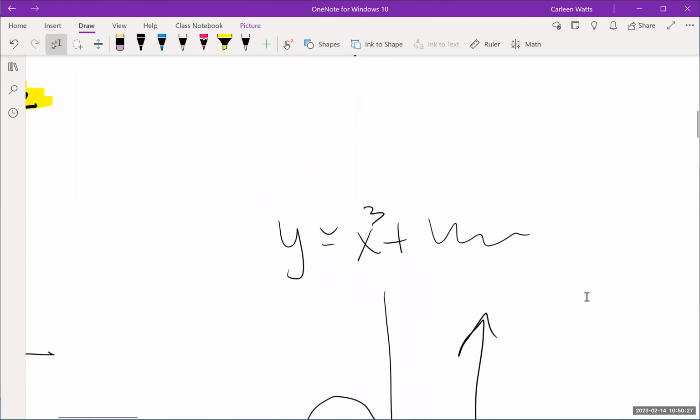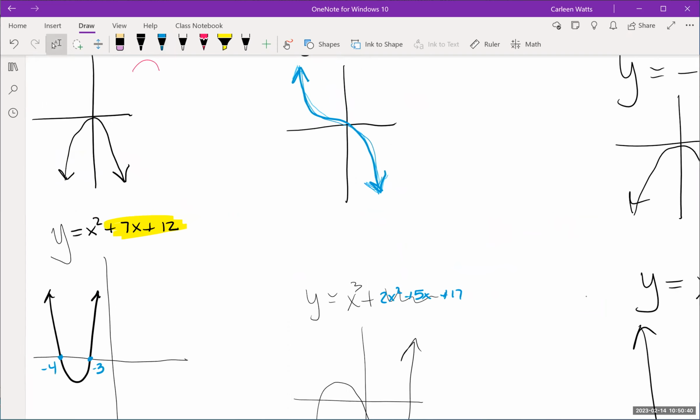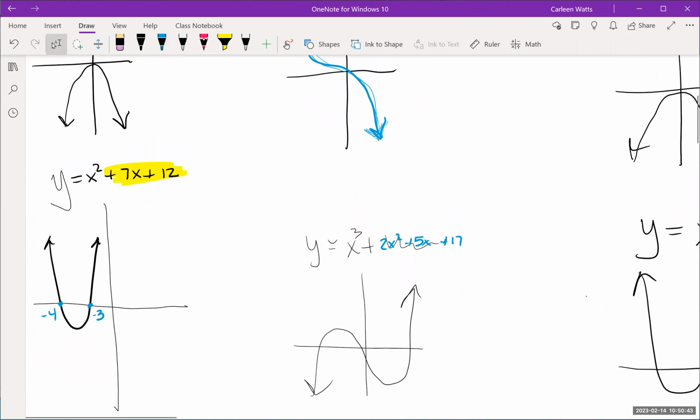Now, what happens if I add plus 2x squared plus 5x plus 17 or something? I made up those numbers, right? Look how it changes. The end behavior still looks the same, right? The middle behavior changes.